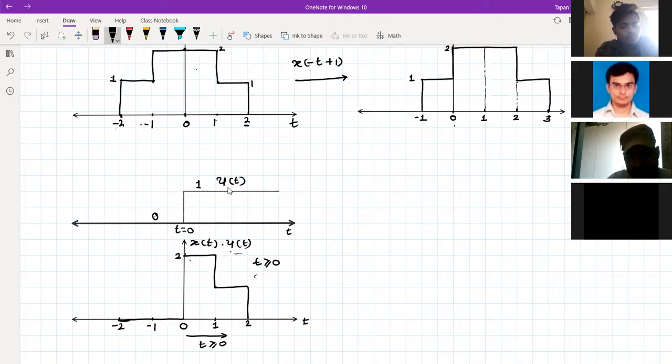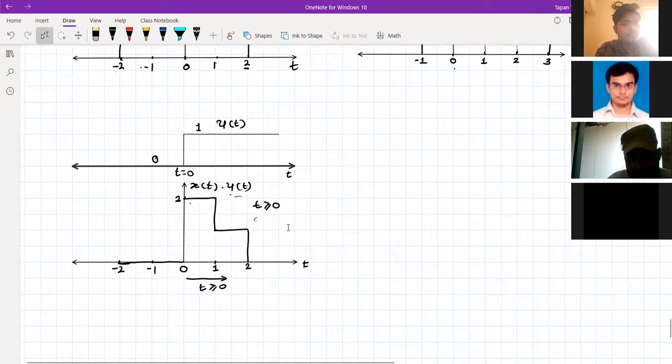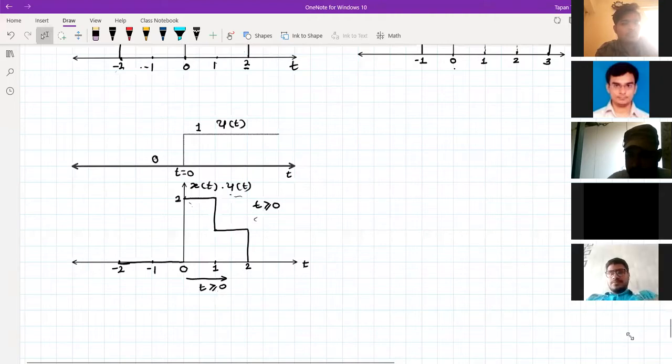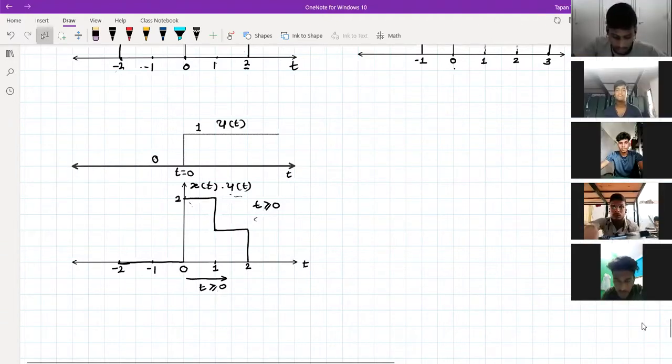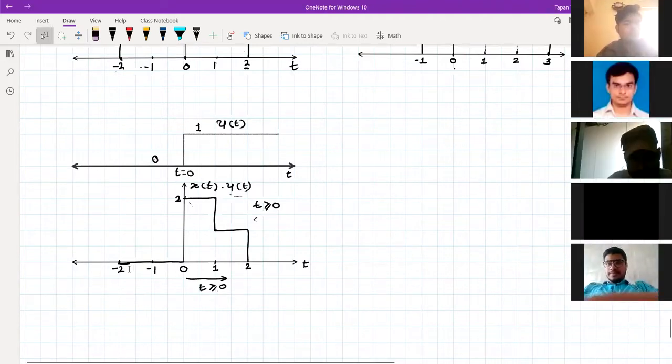Whenever you multiply any signal with u of t, you get the same signal but only for t greater than or equal to 0. Understand? Is it clear? Yes, sir. Okay.